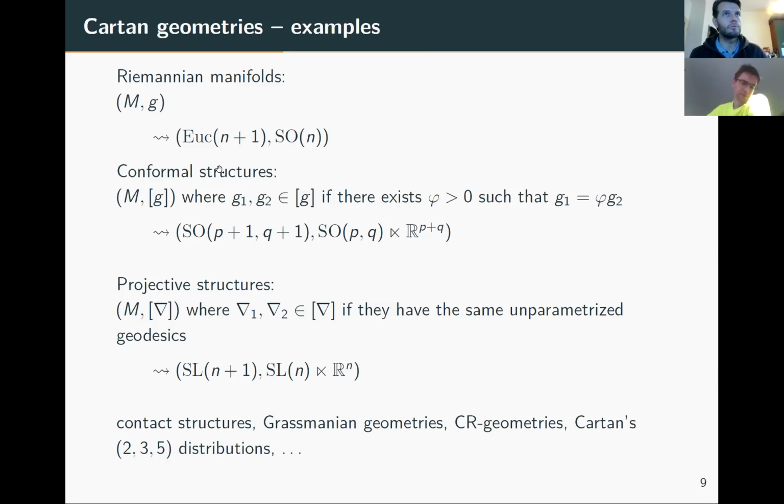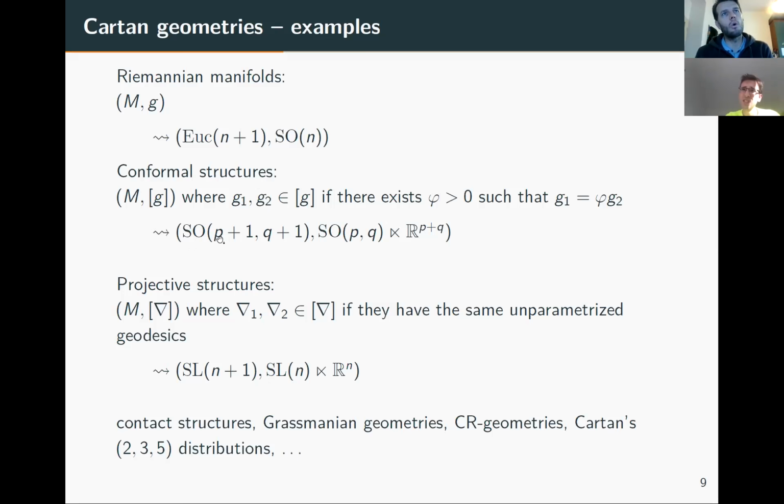For example, for conformal structures, you take a conformal manifold the way I defined it at the beginning, with these conformal classes, and then the category of conformal manifolds with local conformal isomorphisms, I don't know what to call them, is equivalent to Cartan geometries modeled on this pair.